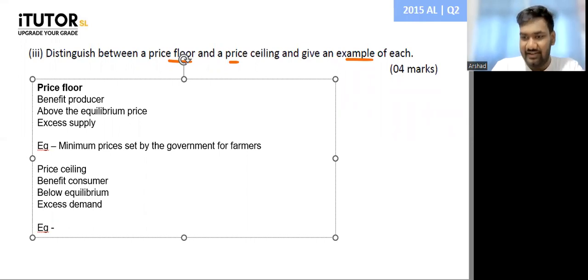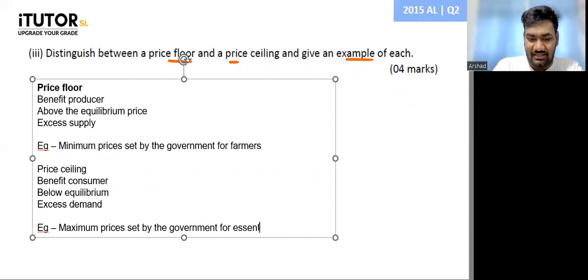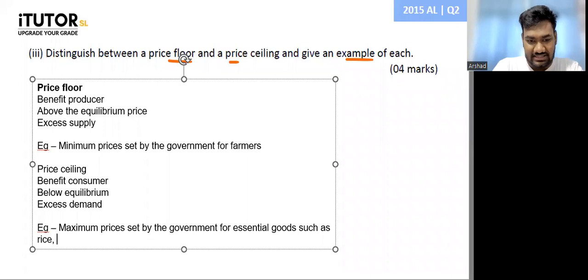So you can say, for example, the setting of maximum prices by the government for essential goods such as rice, coconuts, gas cylinders, etc. You can give something like that.